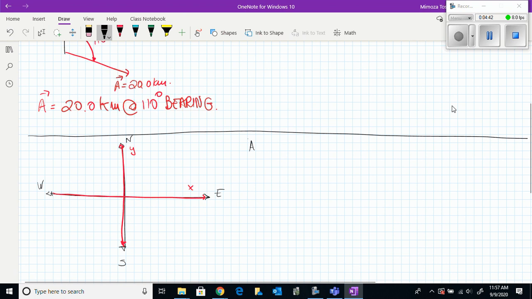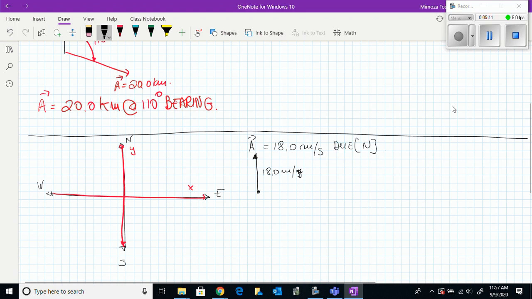Let's suppose that we have a vector A that is 18 meters per second due north. When you see this, that means the vector is like this. So this is vector A, and its magnitude is 18 meters per second. It's going straight north.